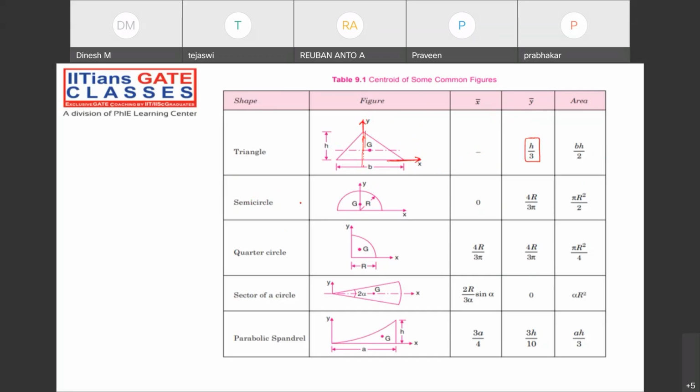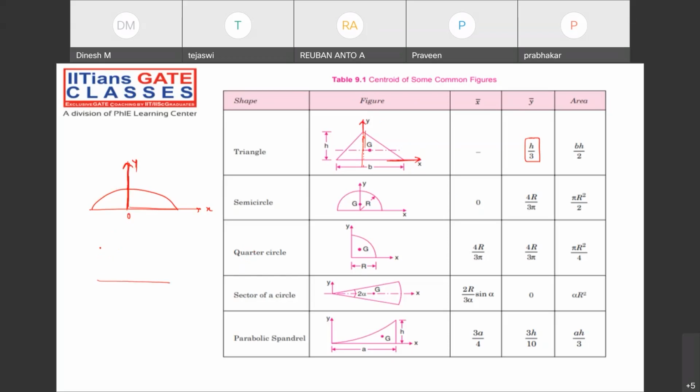What about the semicircle? The y-axis is there and x-axis is there. Now I want to calculate the x bar. X bar we are calculating from y-axis. Now it is symmetric. If it is symmetric, x bar will be exactly on the y-axis or not?